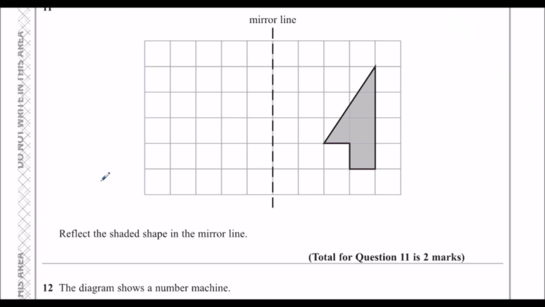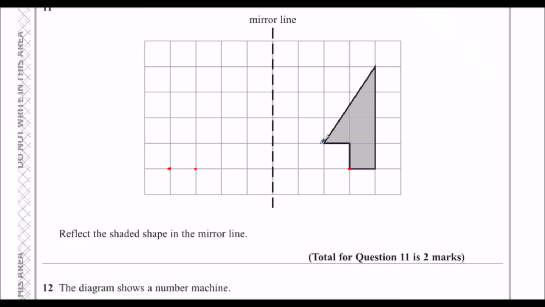Question 11. Reflect the shaded shape in the mirror line. So each point is going to be the same distance away from the mirror line on the other side. So this point here is 1, 2, 3. So it's going to be 1, 2, 3 in the other direction.